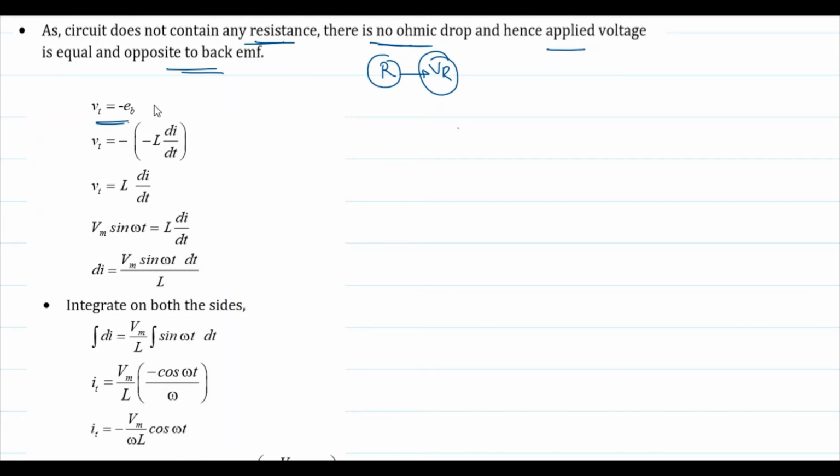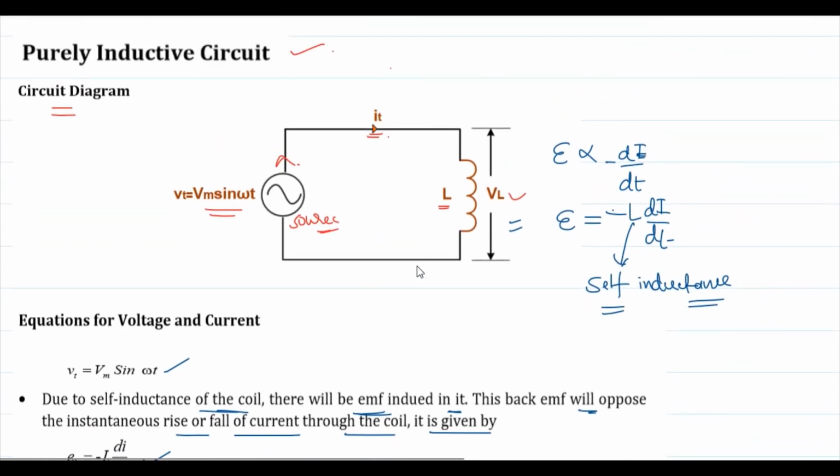If you apply the Kirchhoff loop here, we get V of t minus EB, that is the EMF induced by this inductor, equal to 0. Then it becomes Vt is equal to EB.